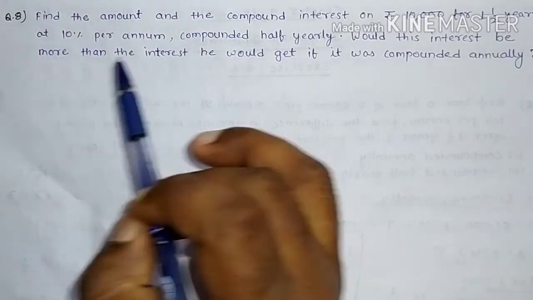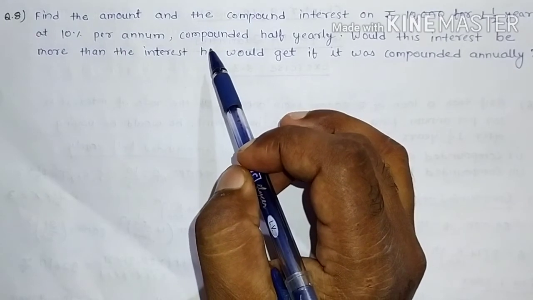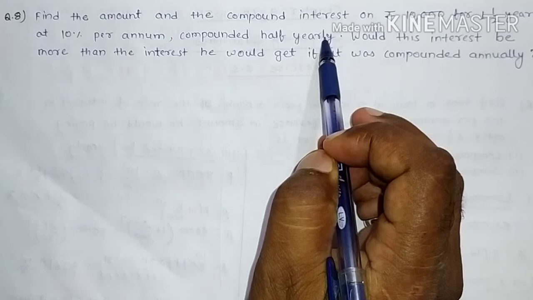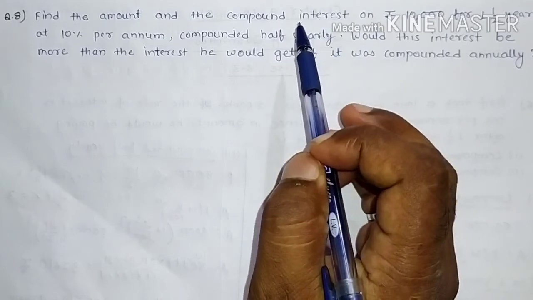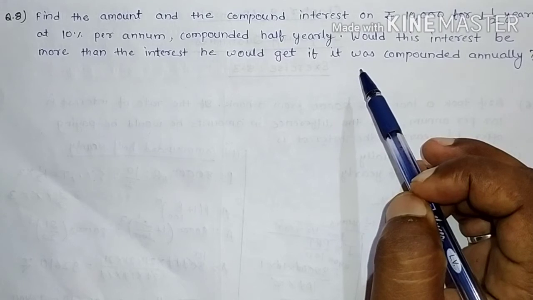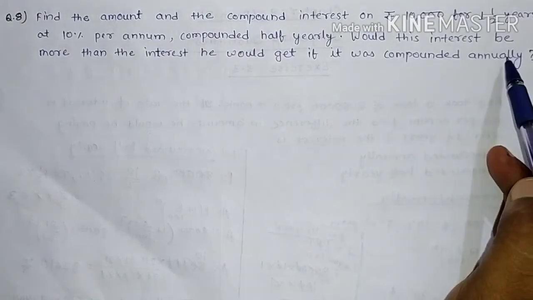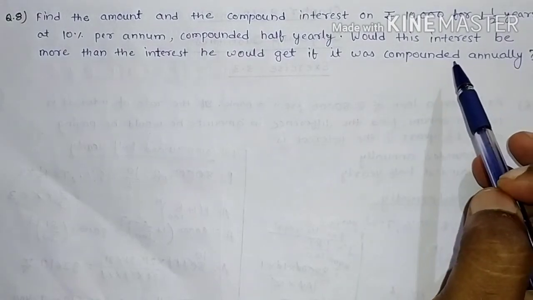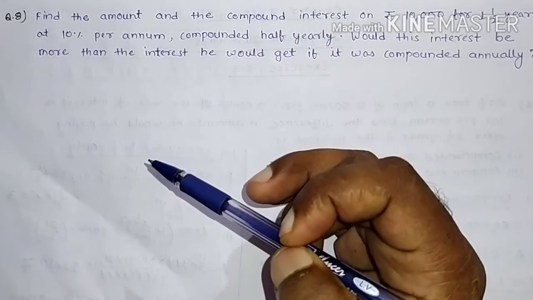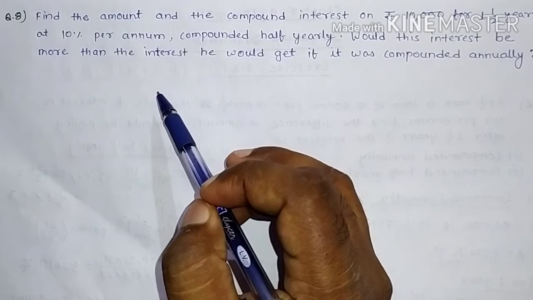First we have to find amount and compound interest when interest is compounded half yearly. After this we have to find amount and compound interest when the interest is compounded annually. Then we have to clarify which interest is more.